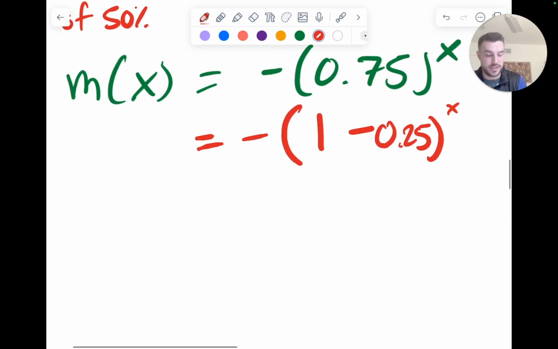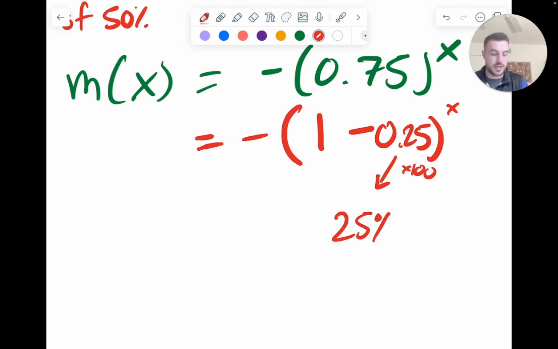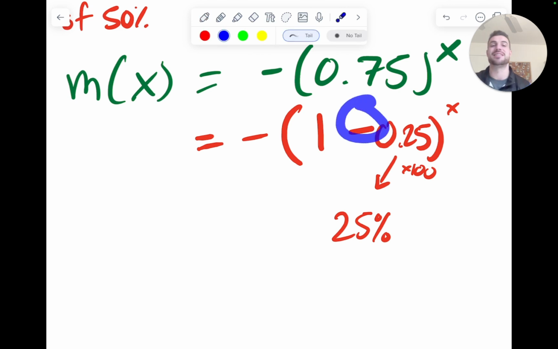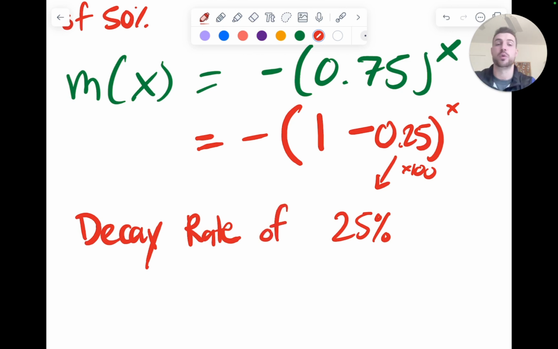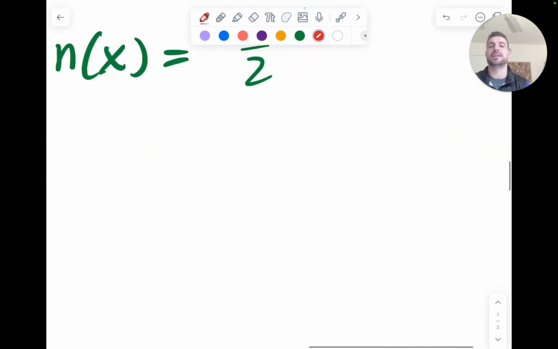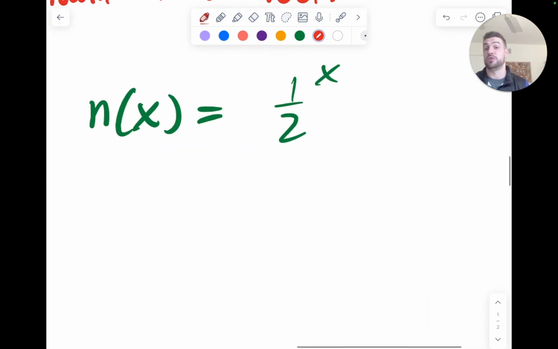What that tells me is I can convert this rate to a percentage by multiplying by 100. And we should notice that this is less than 1, so we are decreasing. So we say that this has a decay rate of 25%.